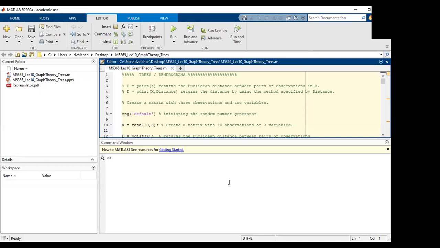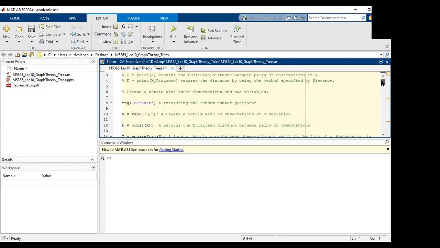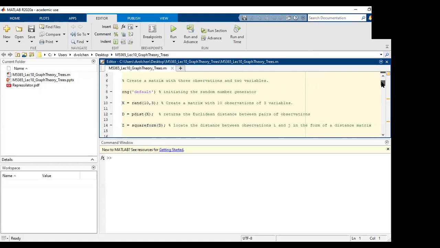Okay, so last time we stopped at my MATLAB file devoted to trees, dendrograms, and how to work with graphs in MATLAB. So we generate a set of 10 random points in 3 dimensions.